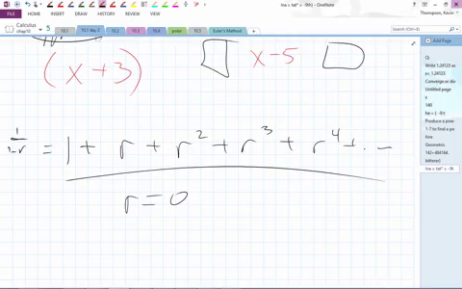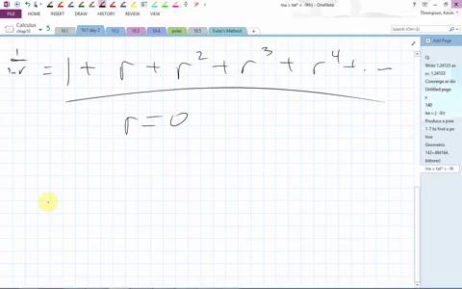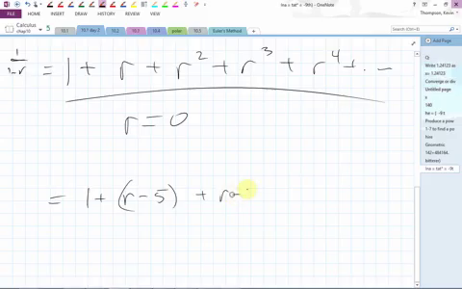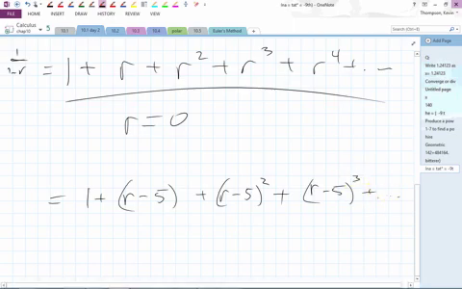Because here's what happens. If I would make a substitution, there's now a new trivial value where this thing will converge. What is the trivial value at which this converges?